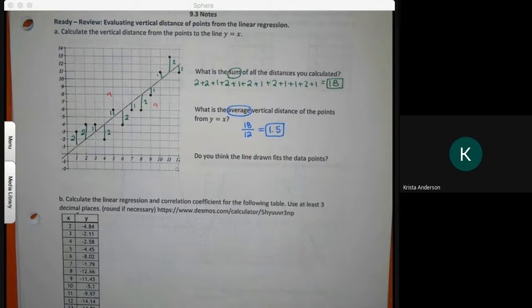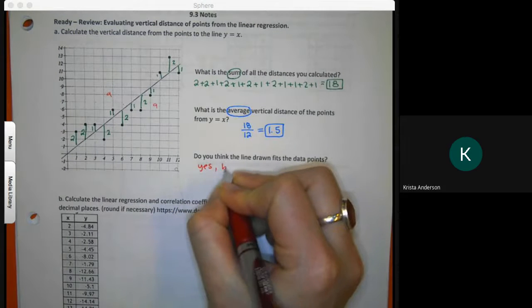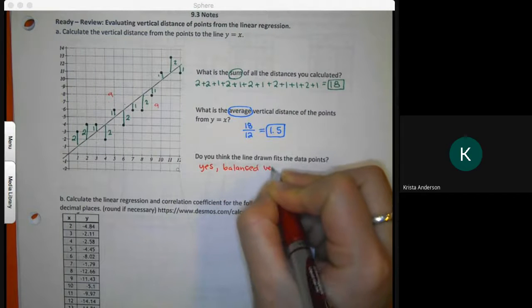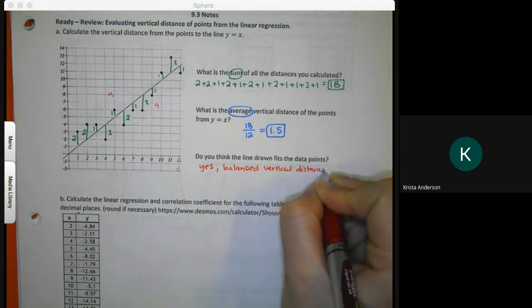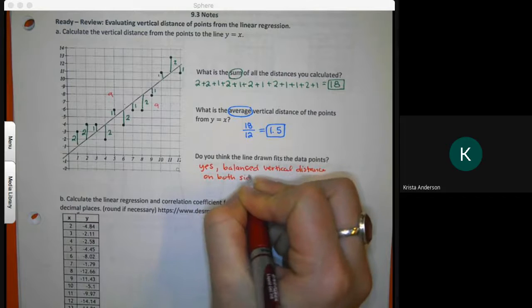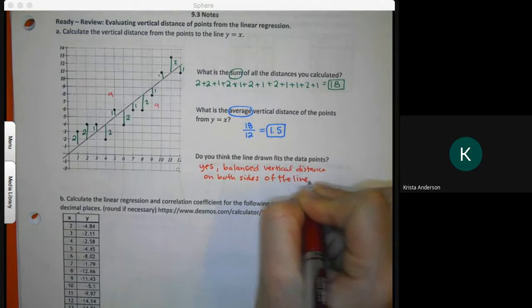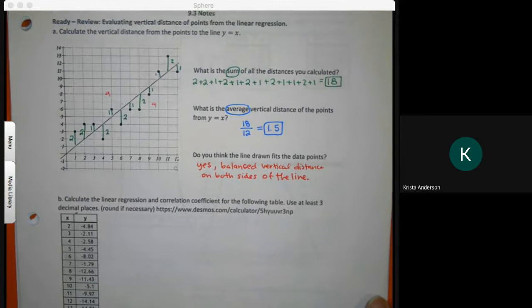If you want to, you just have to explain your reasoning. Any questions?